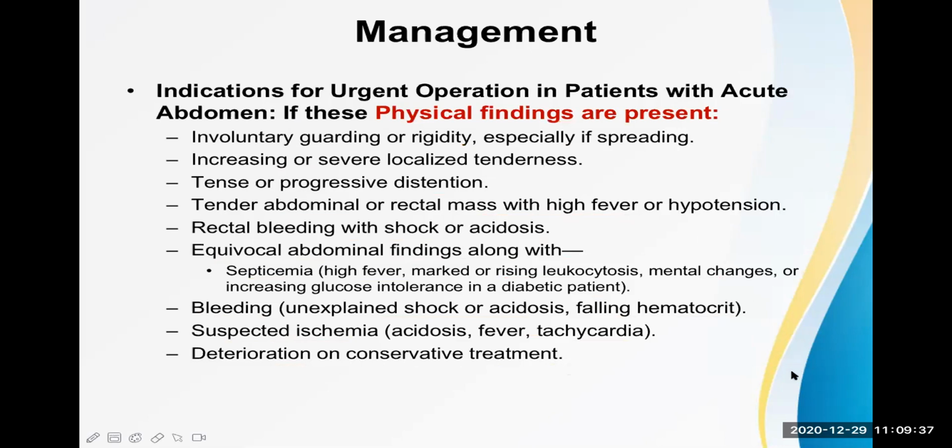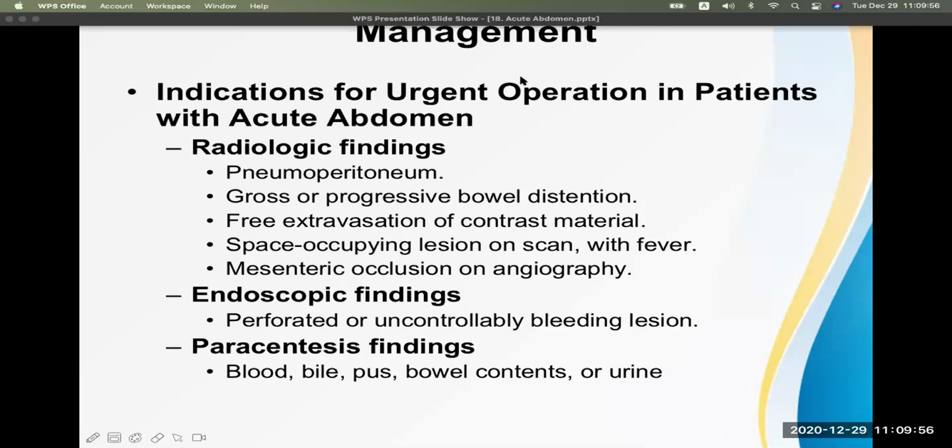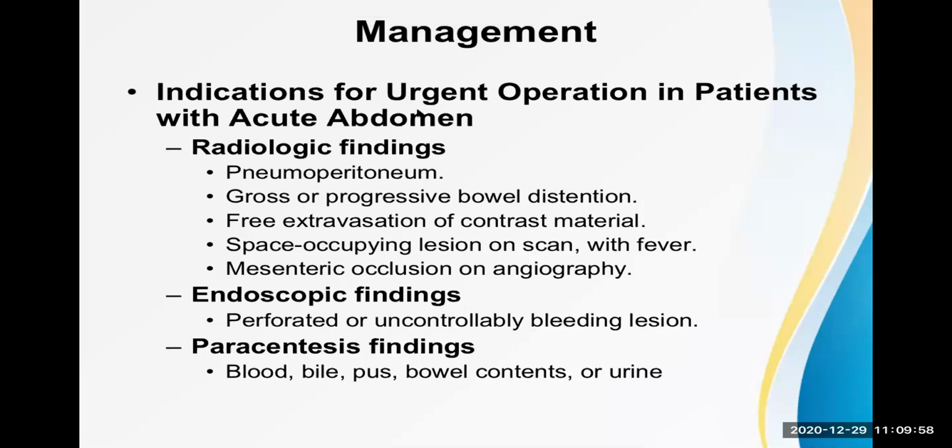Let's move on. Now, these are the indications for urgent operation in a patient with acute abdomen if these radiological findings are present, if these endoscopic findings are present, or if these paracentesis findings are present. This is another very important concept for you, so please pay attention.